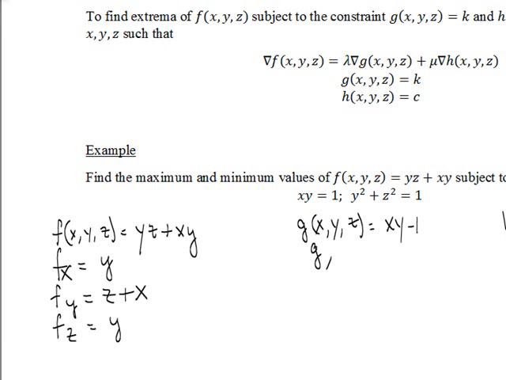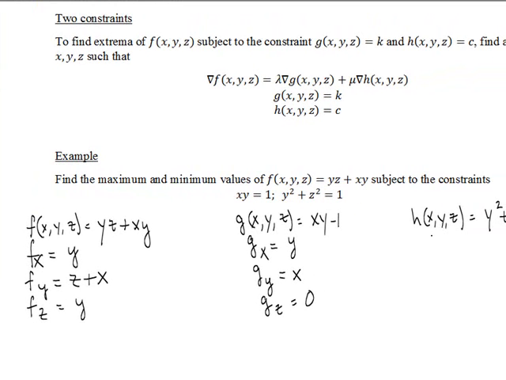G with respect to x is y. G with respect to y is x. G with respect to z is nothing. H with respect to x is 0. H with respect to y is 2y. And H with respect to z is 2z. Okay, you're good.